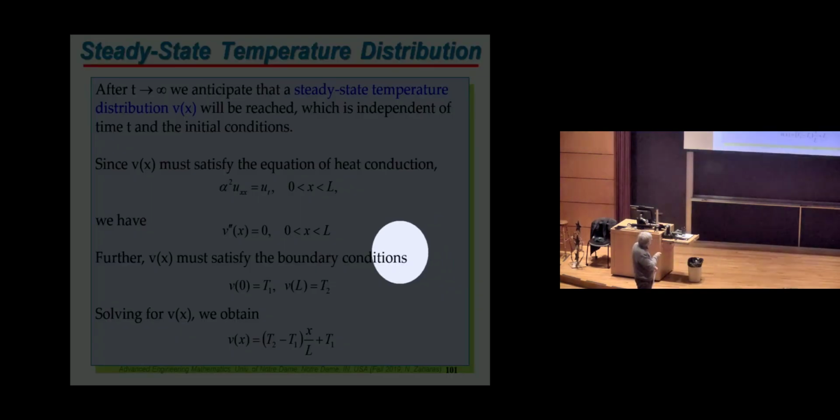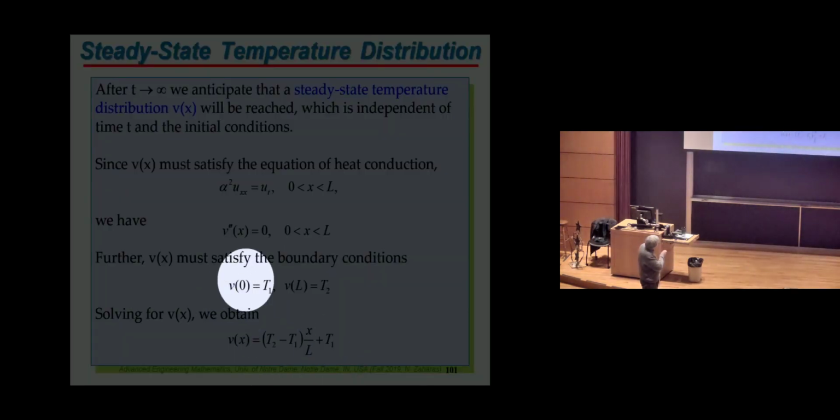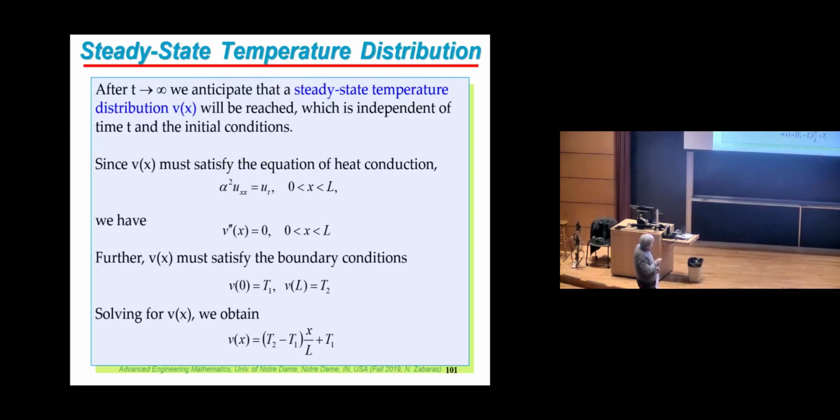Because this tells me T1 and T2, and if the other homogeneous problem has 0 and 0, then I'm going to have 0 plus T1, 0 plus T2. Obviously, the differential equation will be satisfied, since this steady state satisfies this equation. The derivatives with respect to t are 0, so the equation is taken care of.